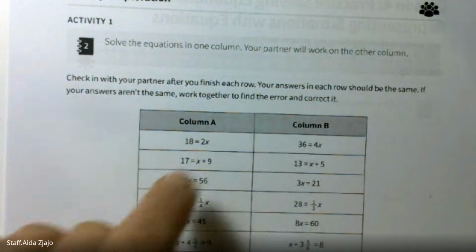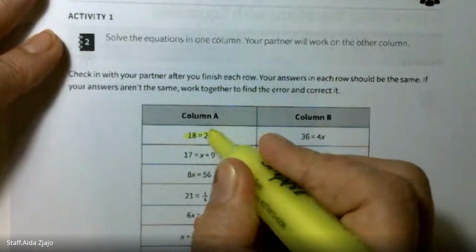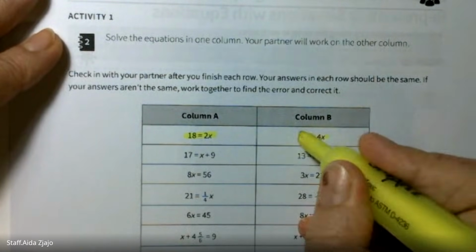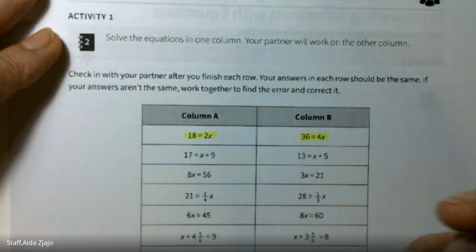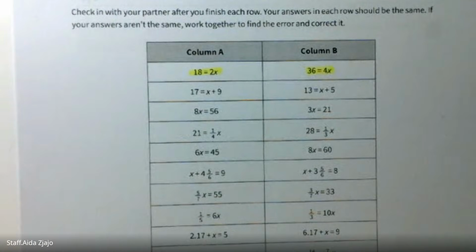What they mean by that is one partner will solve this problem, another will solve this, but both solutions have to be the same.